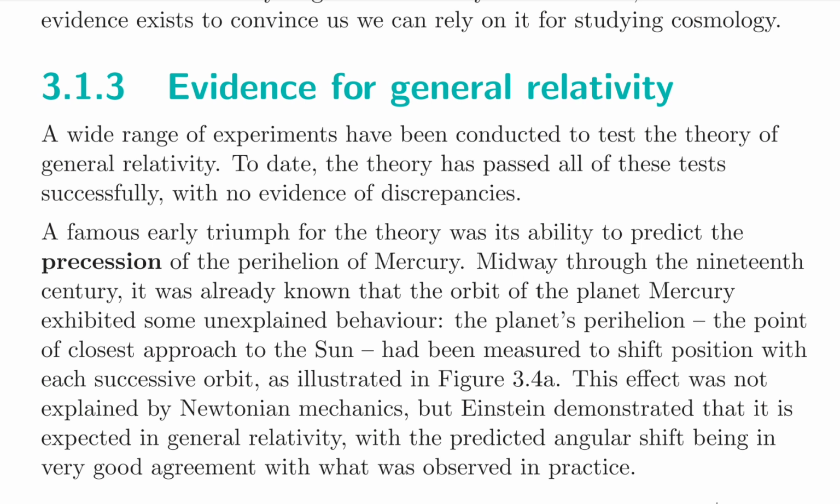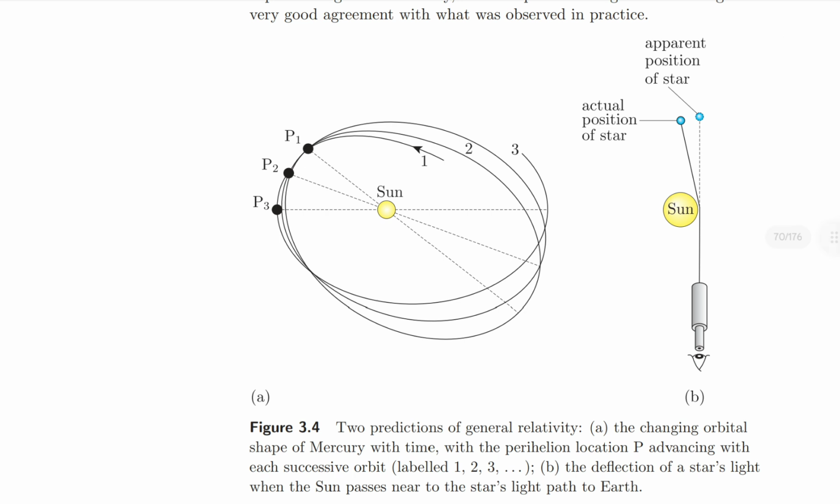The planet's perihelion, the point of the closest approach to the Sun, had been measured to shift position with each successive orbit, as illustrated in Figure 3.4a. Figure 3.4. Two predictions of general relativity.